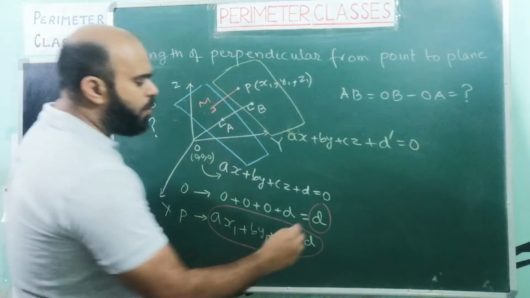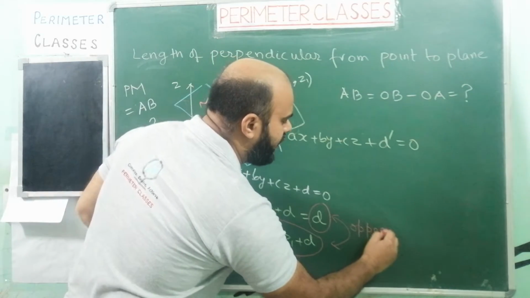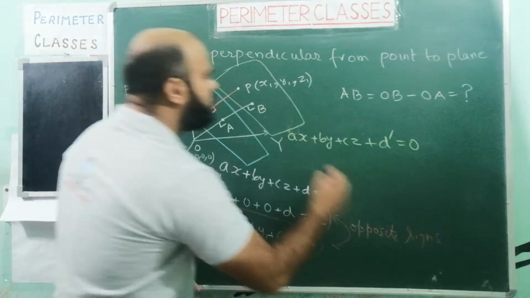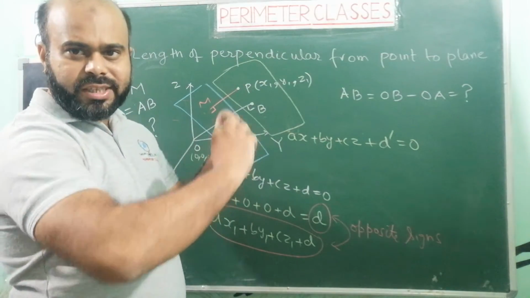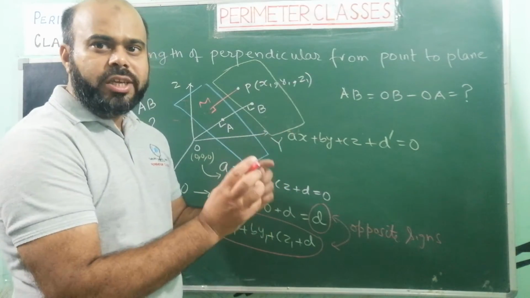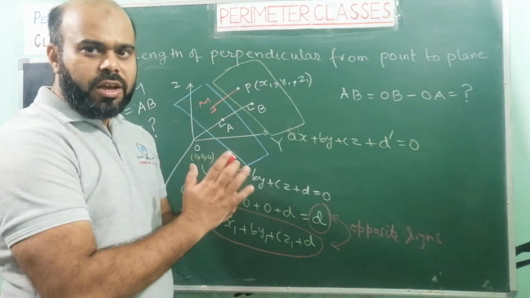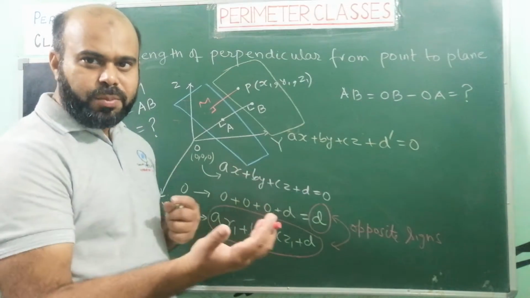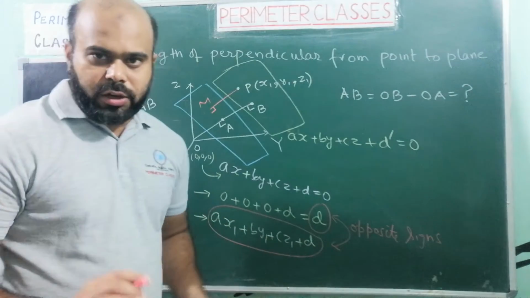So these two values are of opposite signs. Why? Because these are on two opposite sides of the plane. If the points are on the same side of the plane, they will give the same sign on putting the values in the expression of the plane. If they are on opposite sides, they will give opposite signs. If one is positive, the other will be negative. So we have come to this conclusion till here.